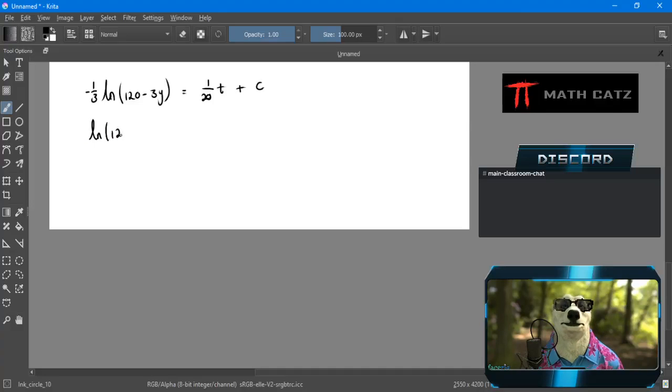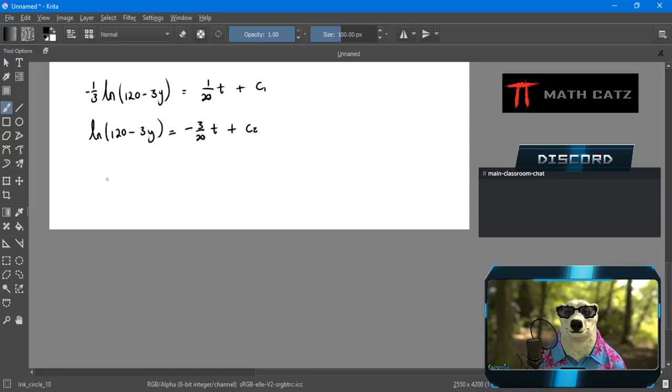Now I will just get that -1/3 away by multiplying throughout by -3. So I'll get -3 over 20 t plus, I'm going to number this constant C1 and then just update the constant. I know it's not the same constant, but it's still a constant. And for convenience, we really don't have to worry about what that constant looks like.